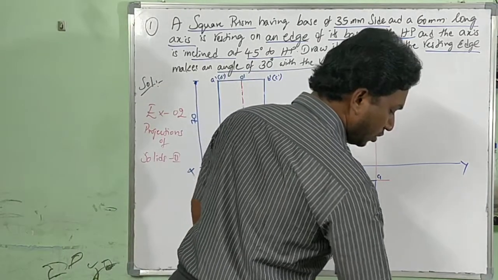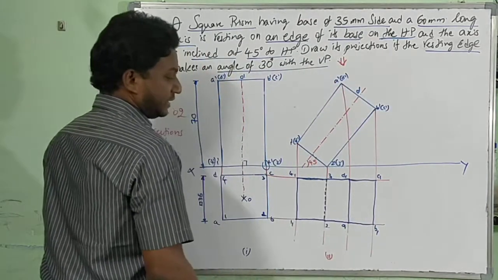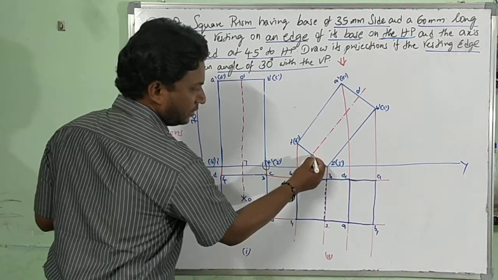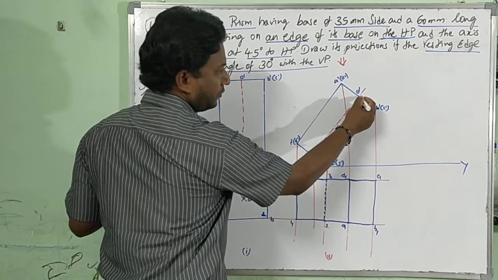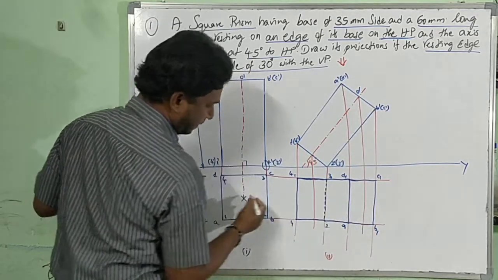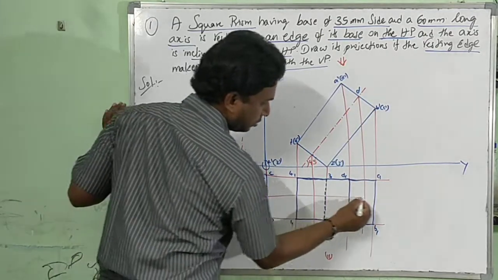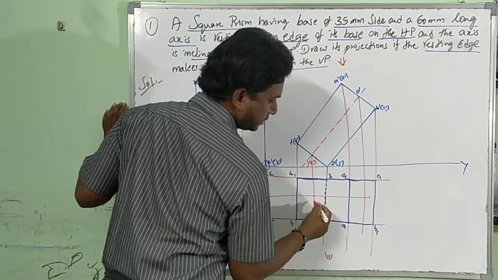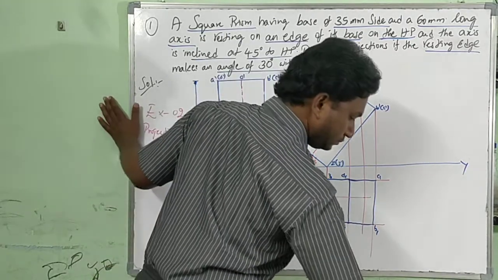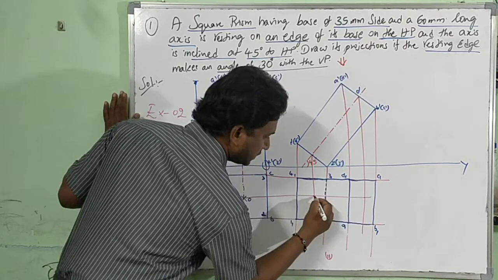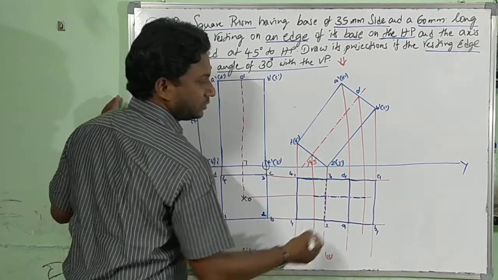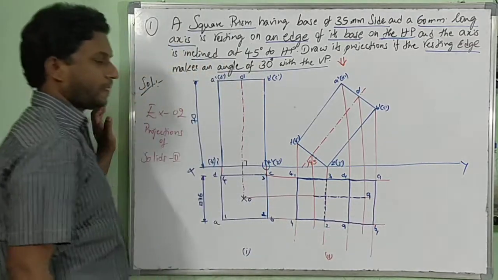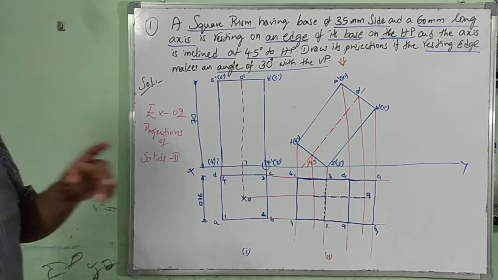One more line here you are supposed to do is axis line. Axis lines are nothing but from here, from O dash, from here O, these points. Now here come the new axis line, dash dot, dash dot, dash dot, O1. See, I have given the difference.